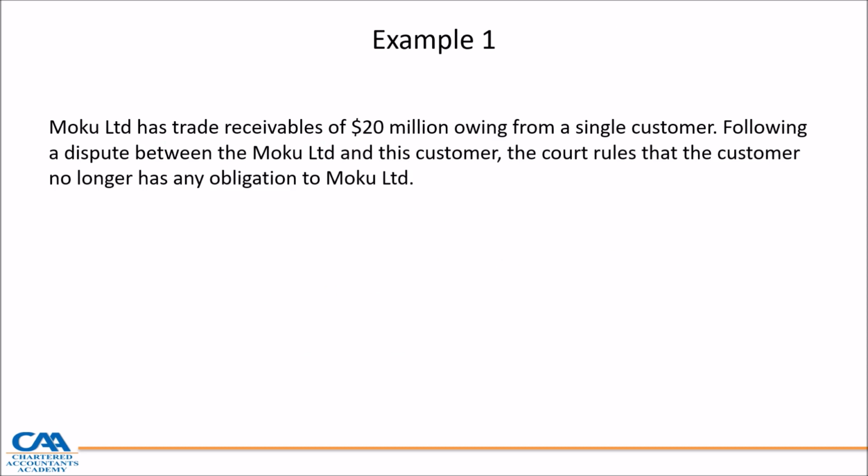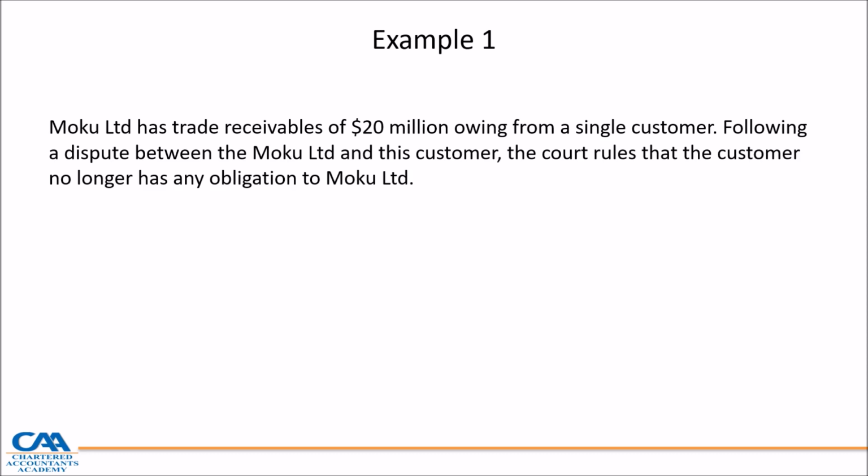Okay, so let's go through an example where we look at whether we should derecognize the financial asset or not. We have Moku, which has trade receivables of 20 million owing from a single customer. Following a dispute between Moku and this customer, the court rules that the customer no longer has the obligation to pay Moku.